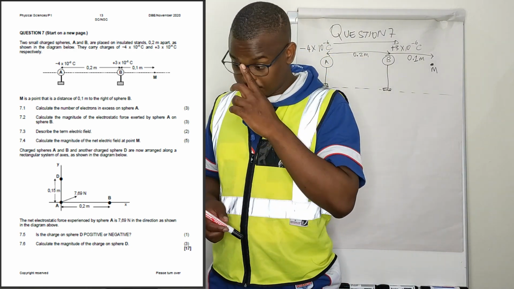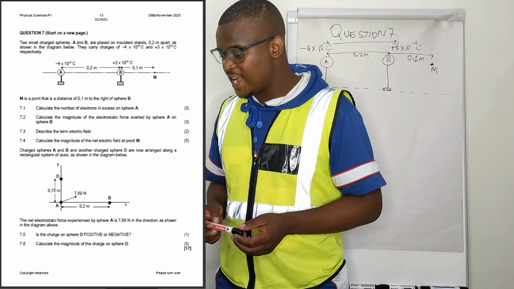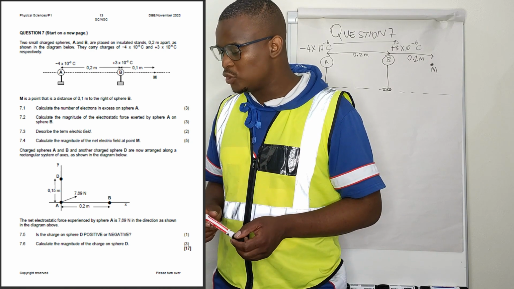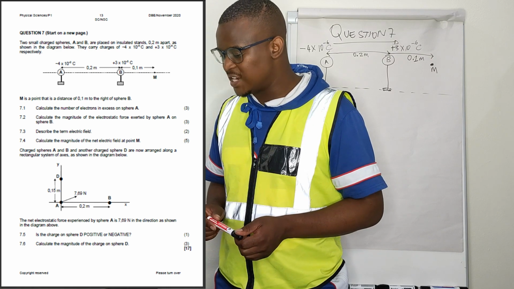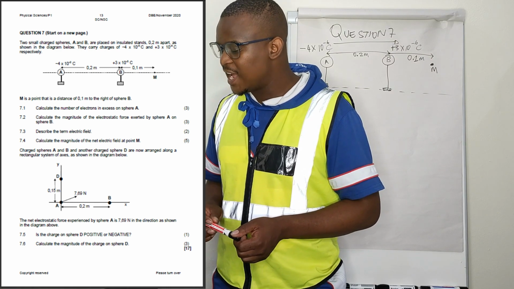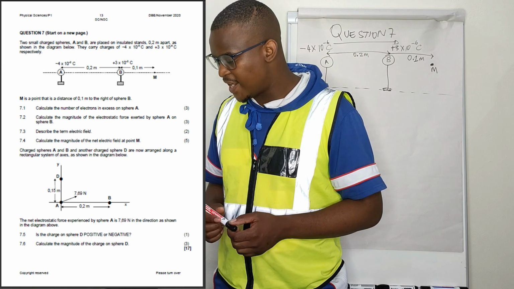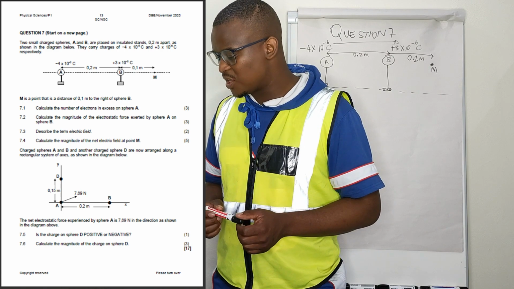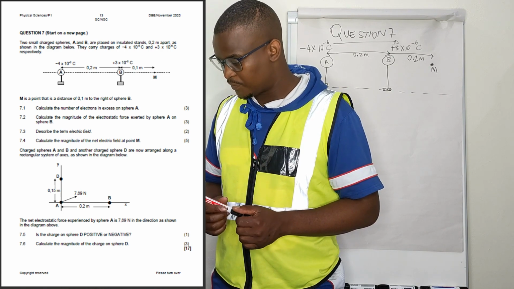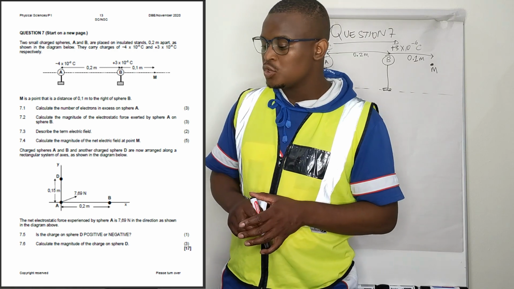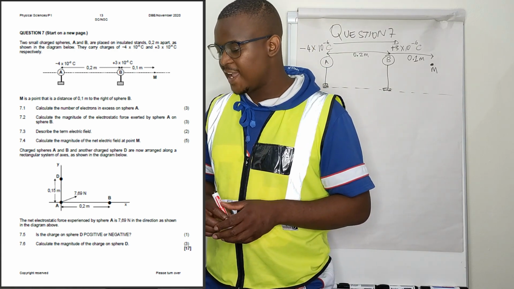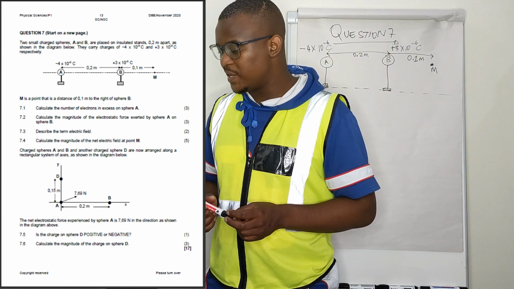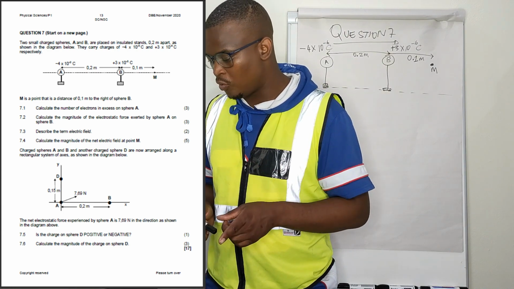Two small charged spheres A and B are placed on insulated stands that are 0.2 meters apart, as shown on the diagram below.